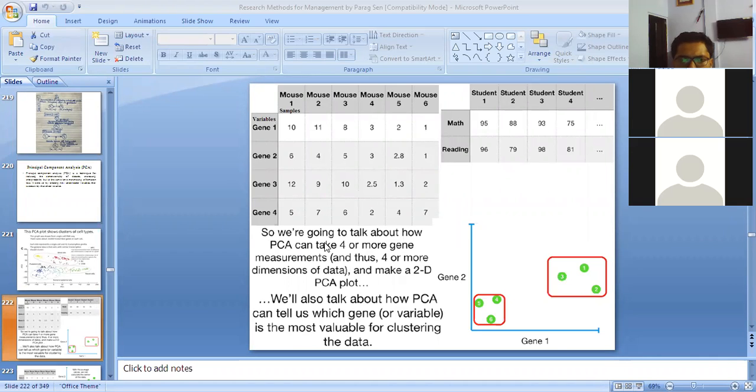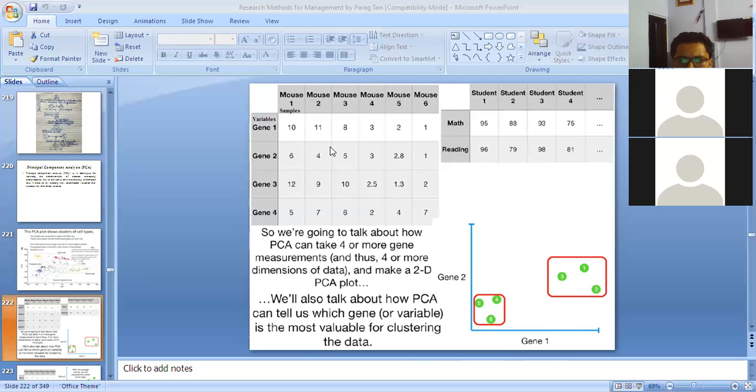So we are going to talk about how PCA can take 4 or more gene measurements, and thus 4 or more dimensions of data. Now just consider, instead of 4 genes, suppose you have only 2 variables, gene 1 and gene 2. If we take 2 variables, then the concept will be easier to understand, because we can represent this graphically.